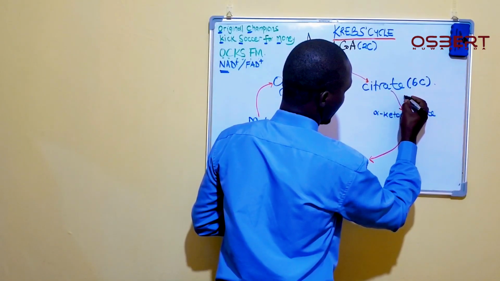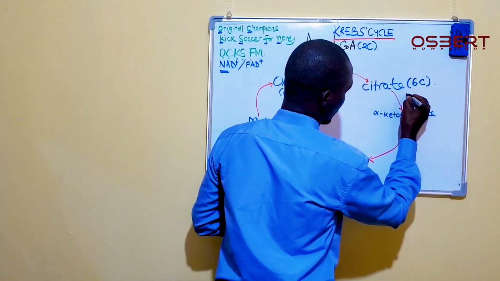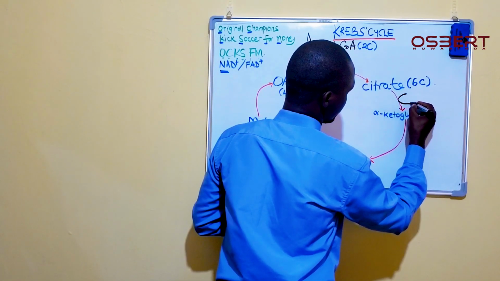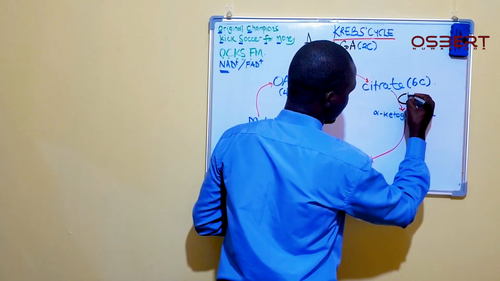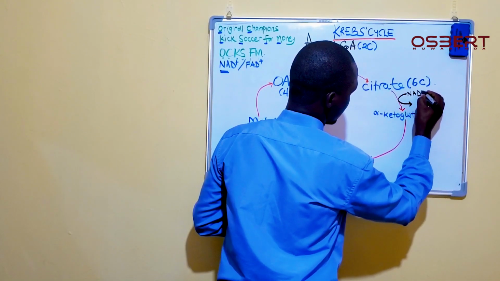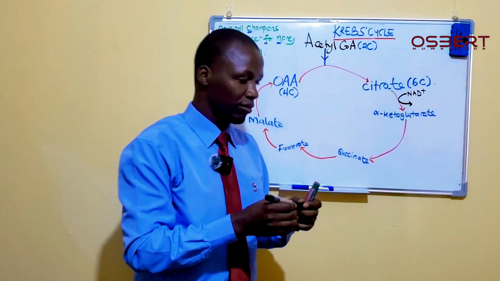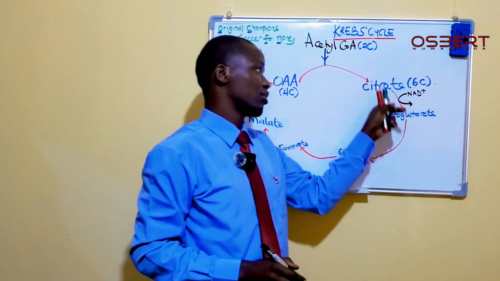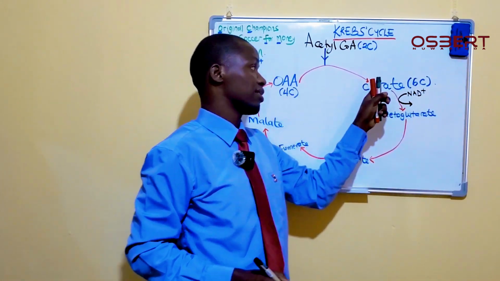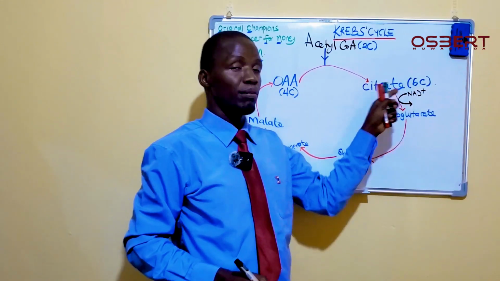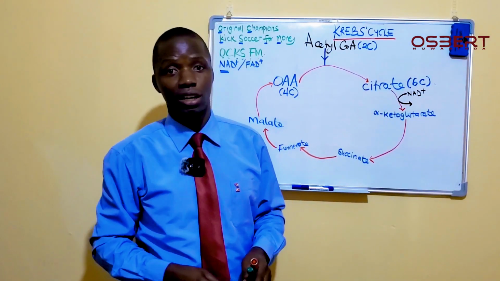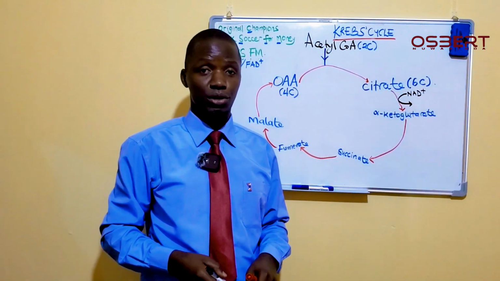So we shall have our NAD come here, our NAD plus. Then this NAD plus is going to come into this reaction here. And as this reaction is progressing, this NAD plus is going to help us remove 2 electrons and 1 proton.